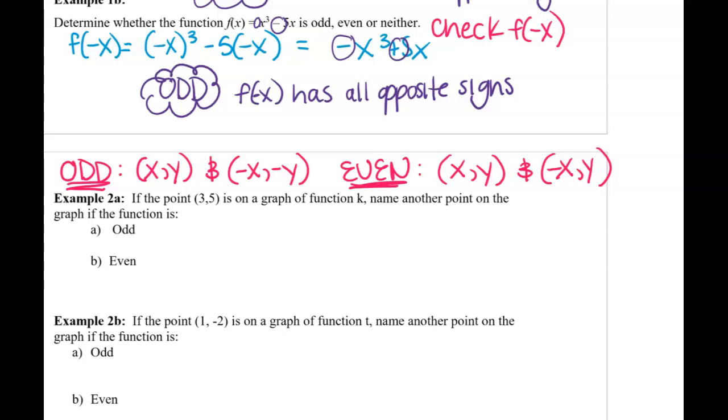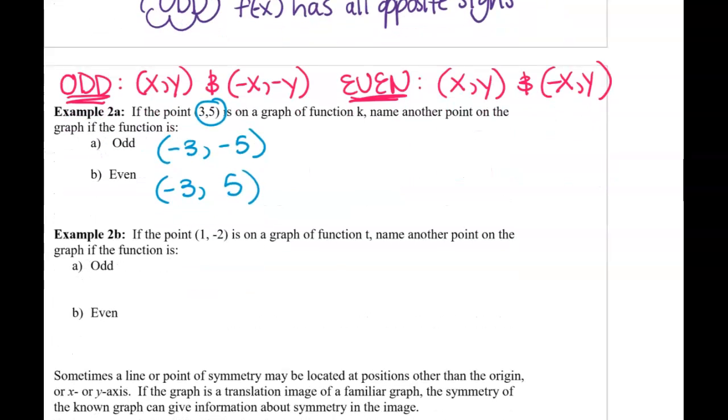So you'll have x, y, and negative x, y. So for this example, we have the point 3, 5. If the graph is odd, if we put in a negative 3, we'll get a negative 5. If it's even, we'll put in a negative 3 and the y won't change, so we still have a 5.